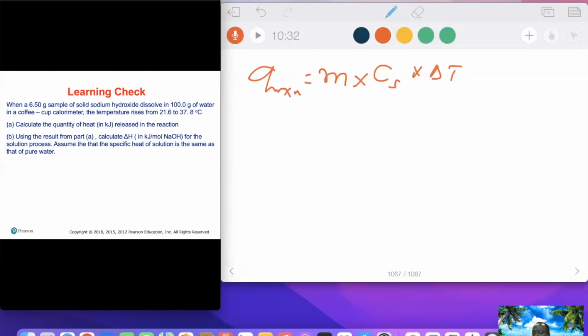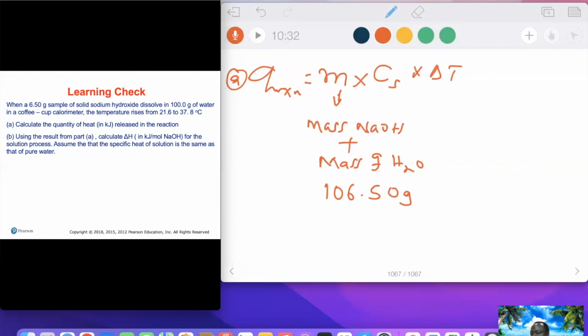So for part A, we will use this equation. And mass here is the mass of NaOH plus the mass of H2O, because we're going to have the solution. There is a mass of solid sodium hydroxide and a mass of liquid H2O. So here we have 106.50 grams. This is the mass of the solution.